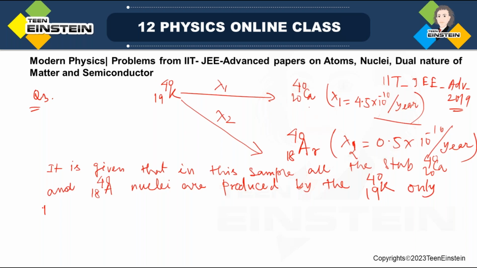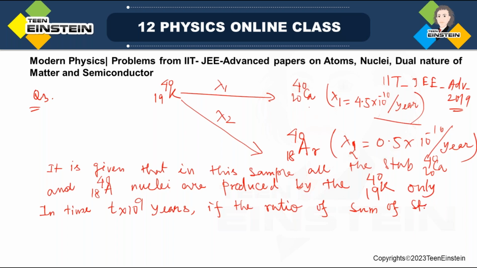Now the question is, in time t into 10 to the power 9 years, if the ratio of the sum of stable Ca and argon.